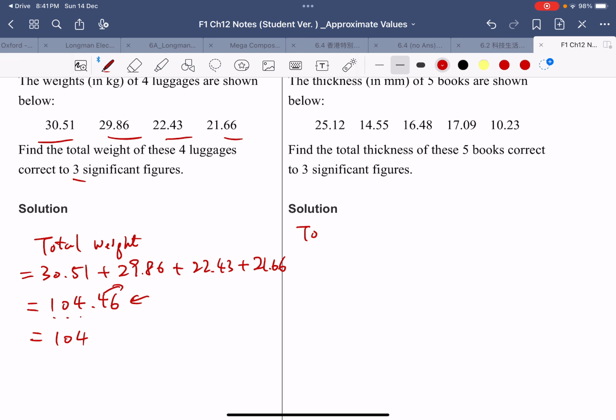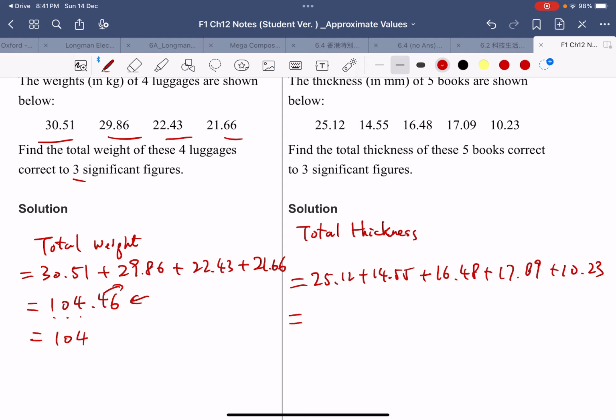Okay, same thing. We're going to find the total thickness. And then just add up all the numbers. In exam, I won't give you that clumsy addition because it just costs you time, but can't really test the concept.